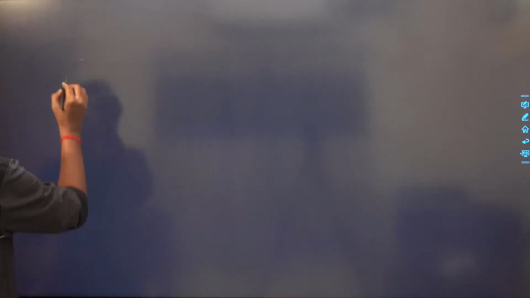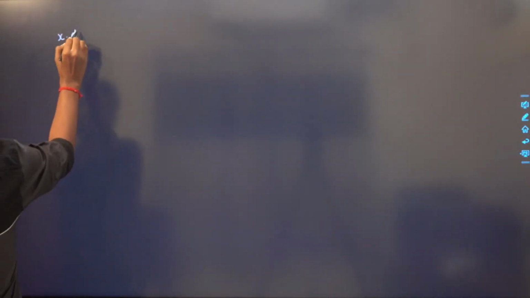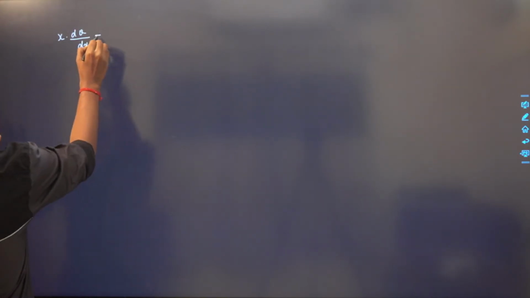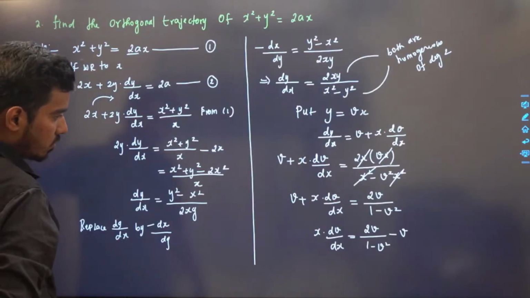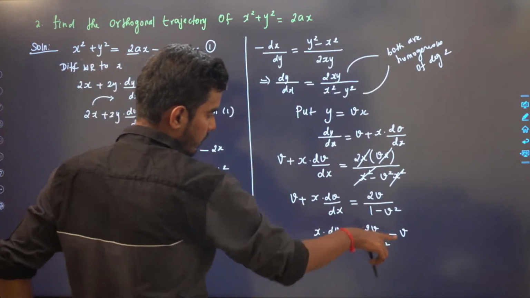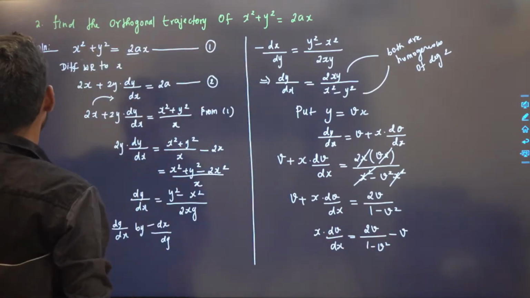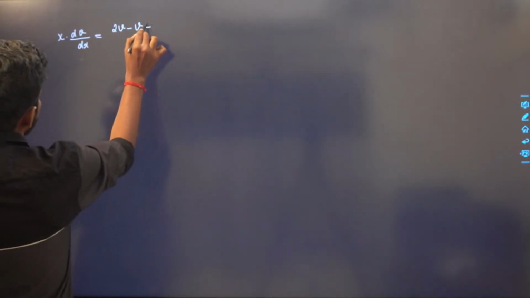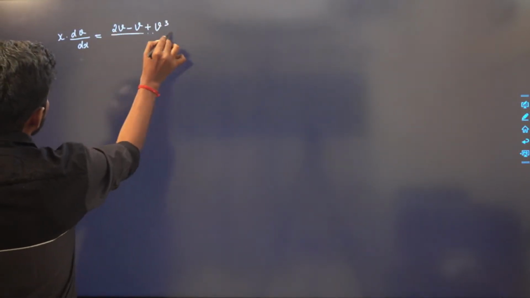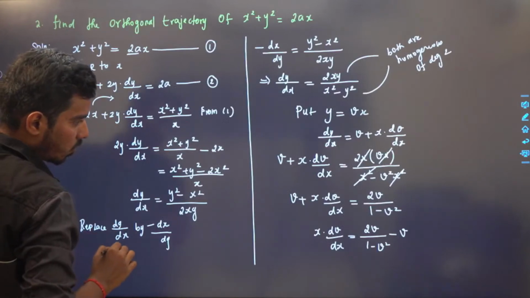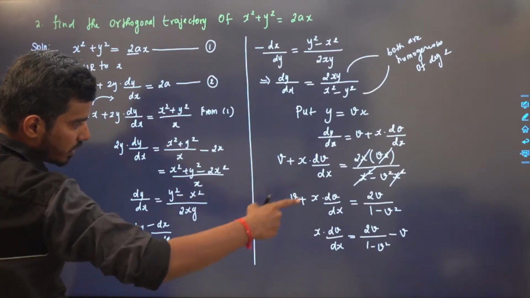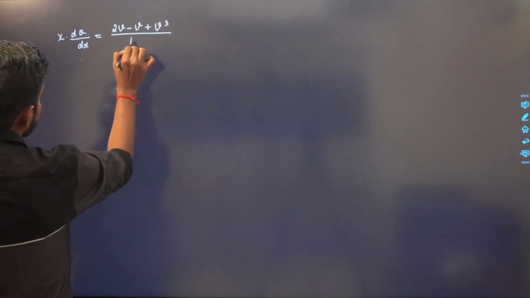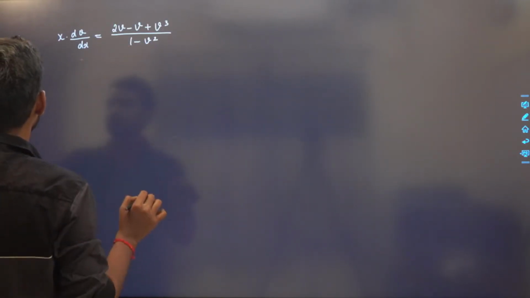So we have x into dv by dx is equal to 2v minus v plus v cube divided by 1 minus v square. Is it correct?